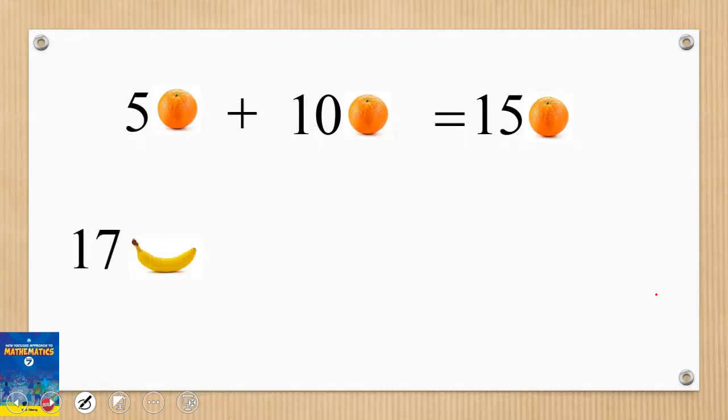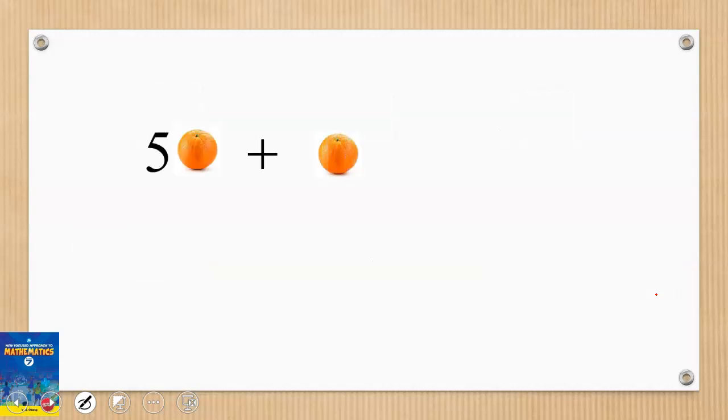Then again, if I say 17 bananas minus 12 bananas, what would be the answer? Look at the word bananas. We'll get 5 bananas. Good. It makes sense, right? Now, if I say 5 oranges plus 1 orange, only an orange, that will give us 6 oranges.